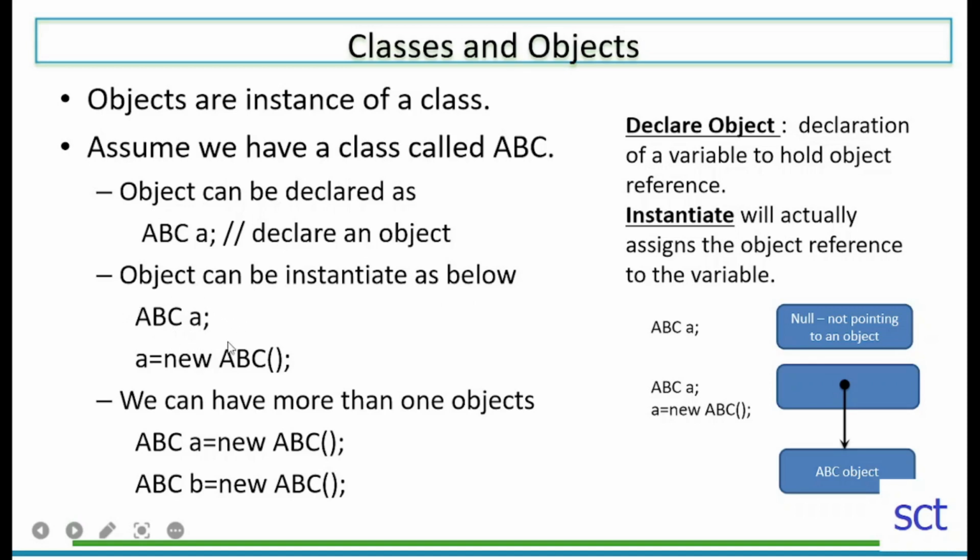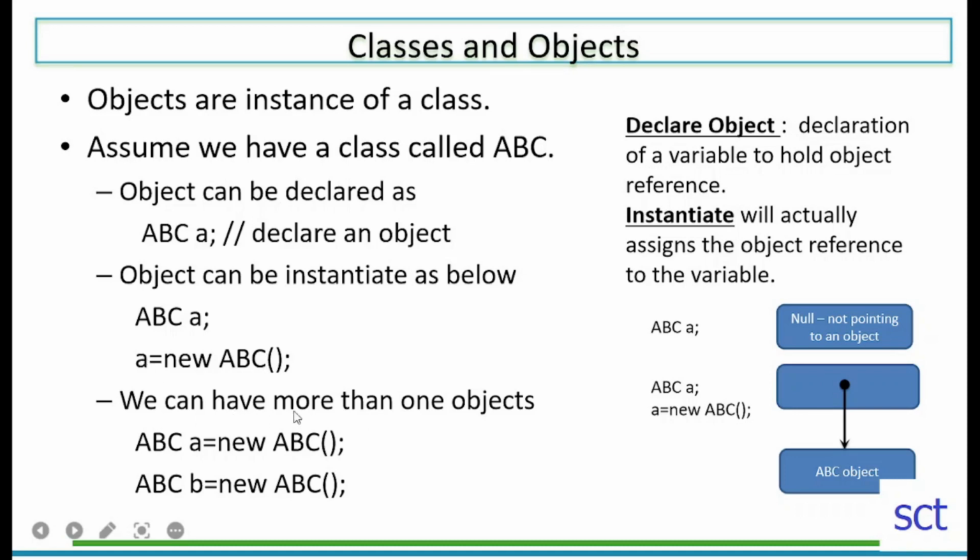Once you declare the object, you need to create an object instance using new ABC, with the name of the class. After saying new ABC, this will be assigned to A, which means the object will be of ABC type and its location address will be stored in A.